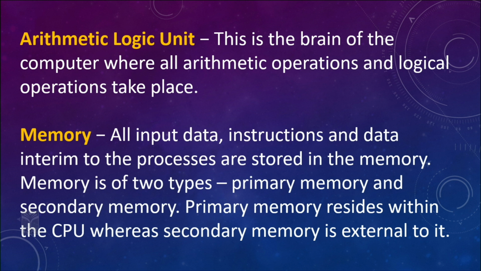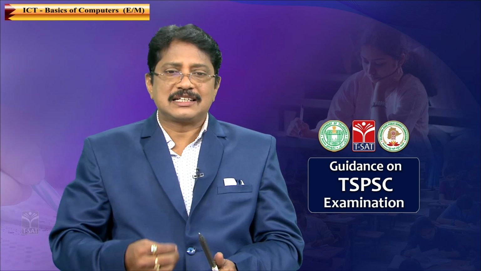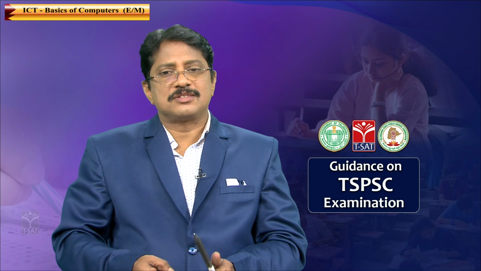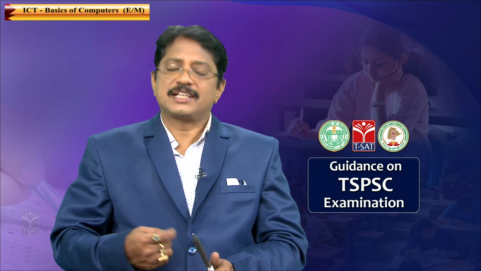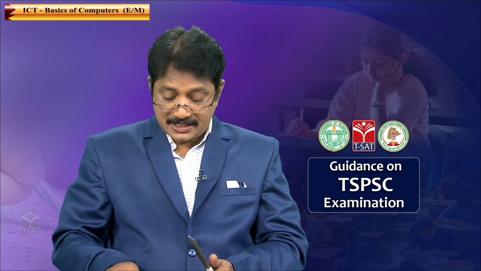For example, RAM, random access memory, and another one is ROM, read-only memory. All these things I call the primary memories. The secondary memory means external to it, where we use data cards. All this comes under the external memory. Clear? This is very important.